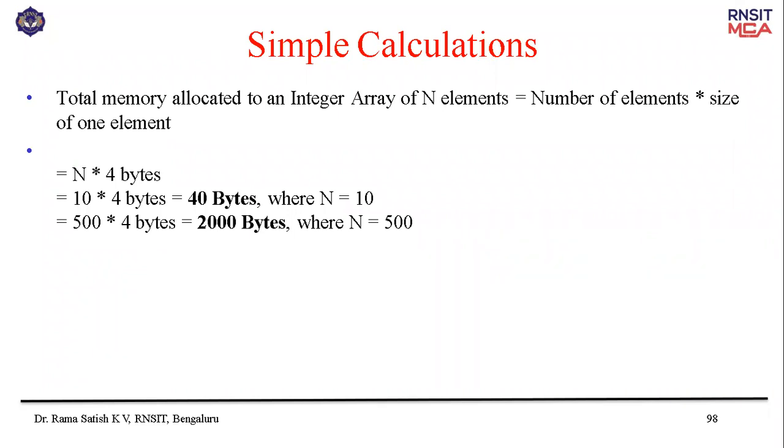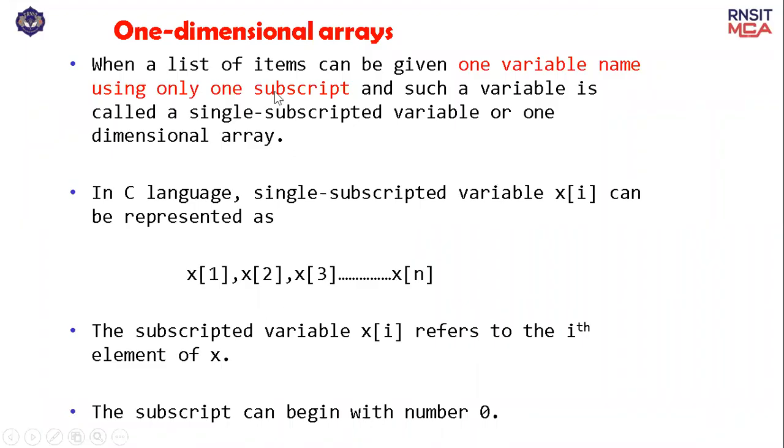So remember one very important thing in a one-dimensional array: the list of items are normally successive, first element 1, 2, 3, 4, 5, 6.